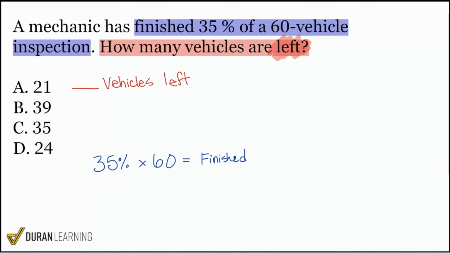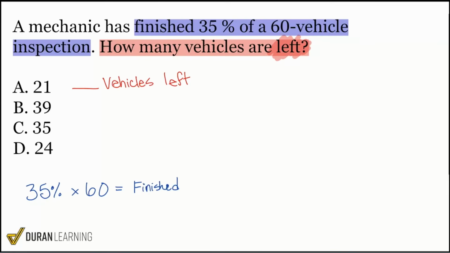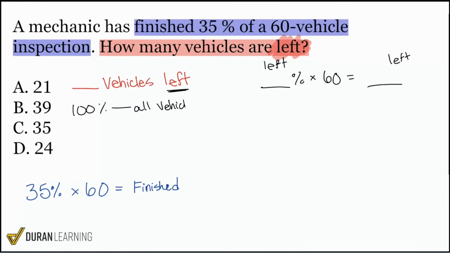Let me move that out of the way. Let me get a formula that will give me the correct answer, which will be representing the vehicles left. So the percentage that is left times the 60 vehicles will give me the number of vehicles left. So I'm going to start off with 100% because 100% represents all vehicles. It represents all of them.